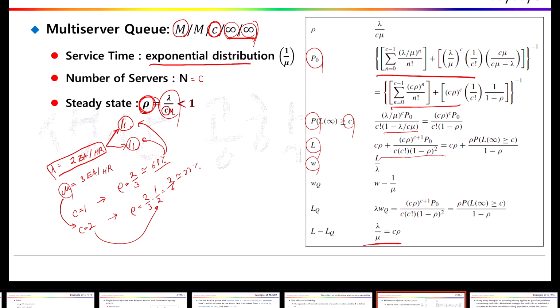But in our lecture, I don't want to prove each of these formulas. Instead, I just want you to remember what kinds of queuing models there are, and how those related indexes are calculated.